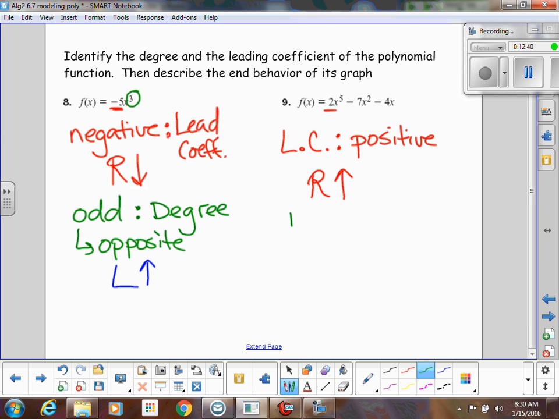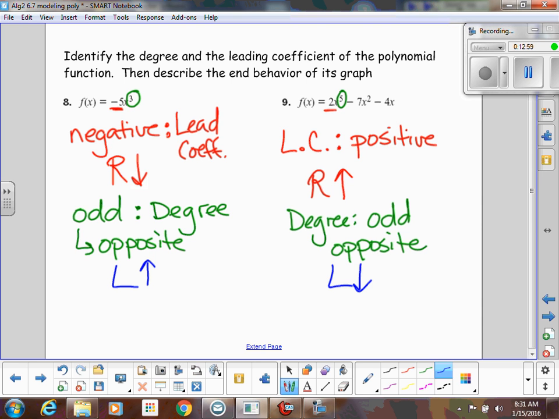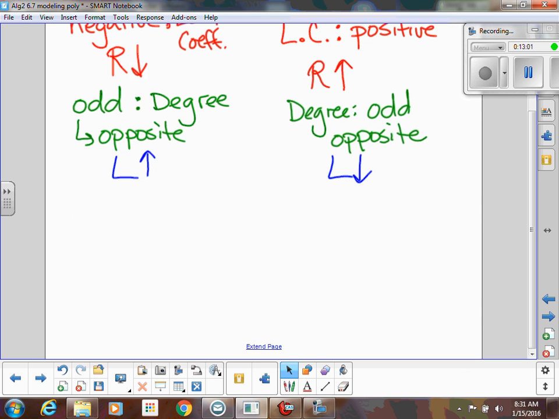And now I'm going to look at the degree. The degree is 5, and remember I care whether 5 is odd or even. Okay, so since it's odd, then the left is going to do the opposite of what the right's doing. So the left will be going down. Okay, so how does that help me with the graph?